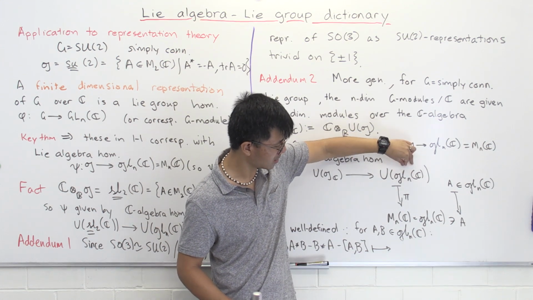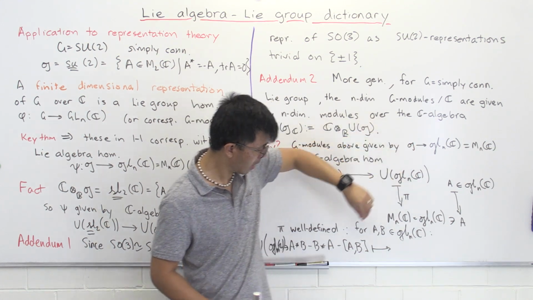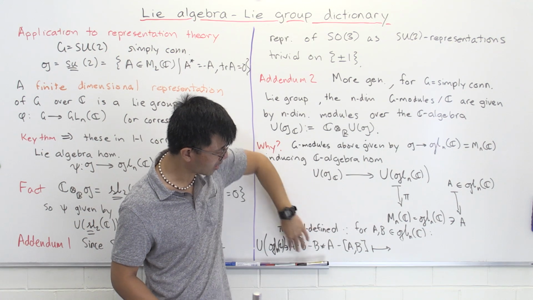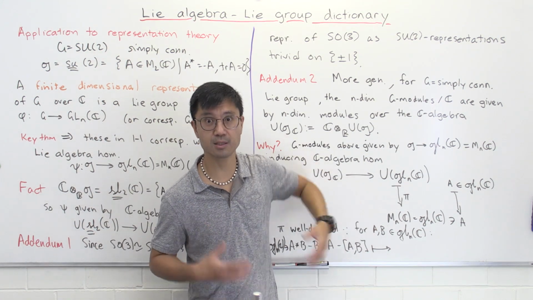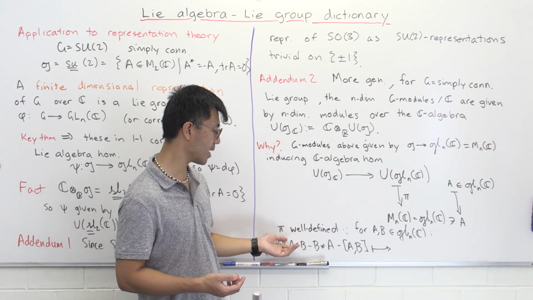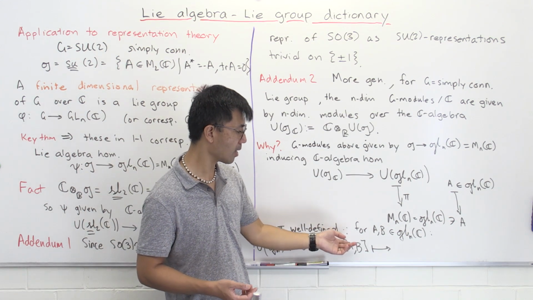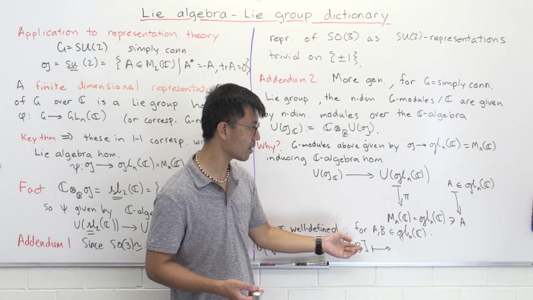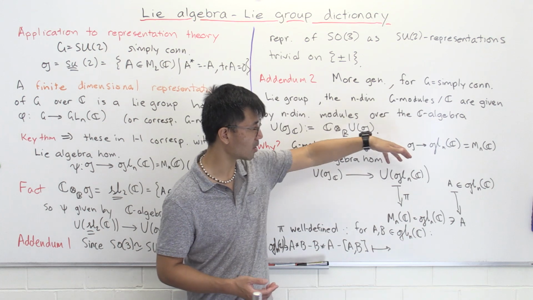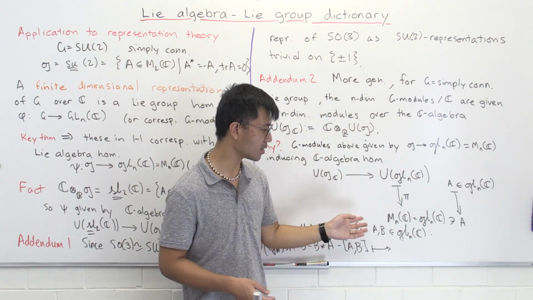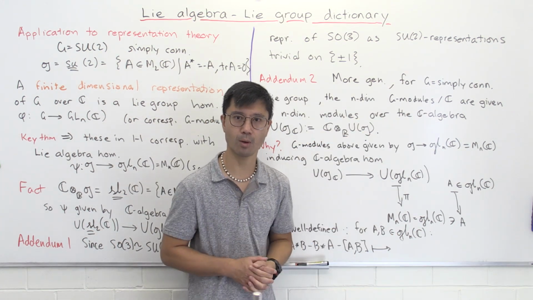So that's some element inside here. So this commutator equals this Lie bracket. That's the relation. Or in other words, A star B minus B star A minus the Lie bracket of A and B equals 0. That's the relation inside here. And as A and B vary, you get all the relations that way.